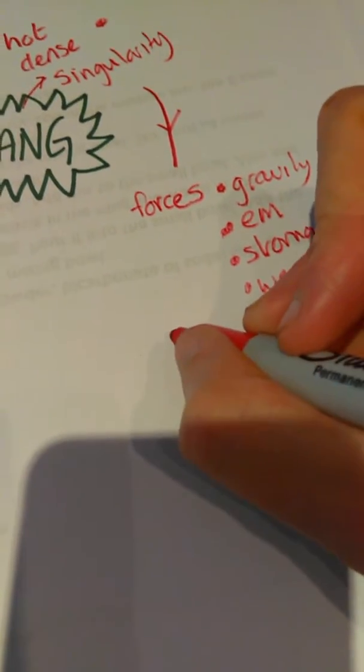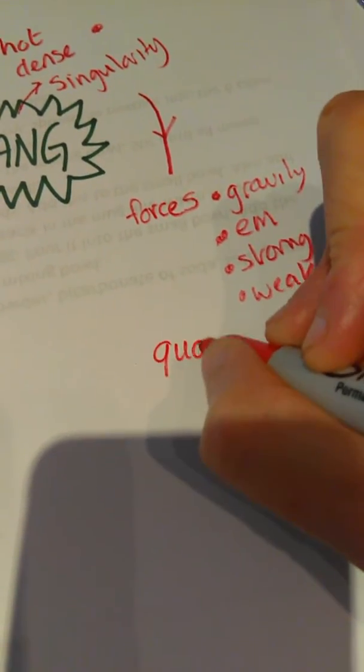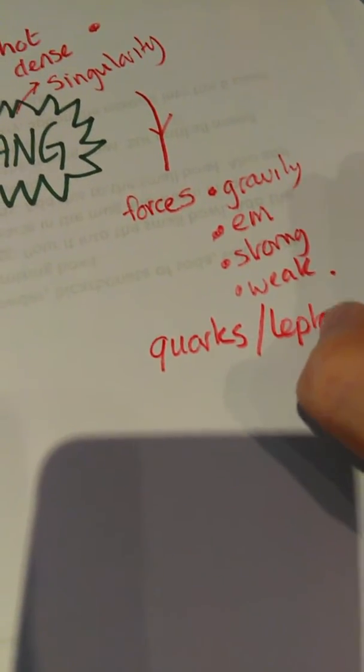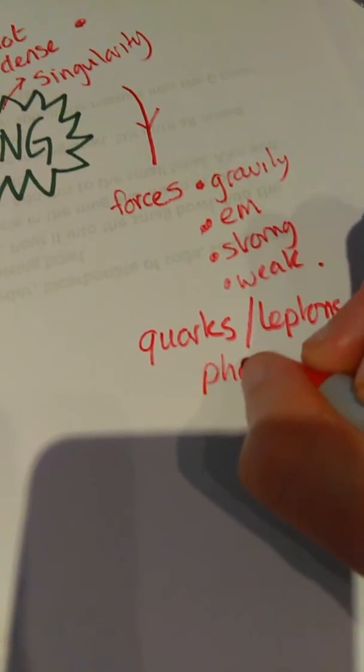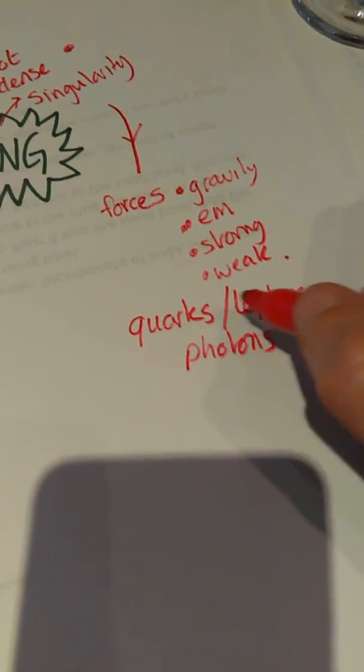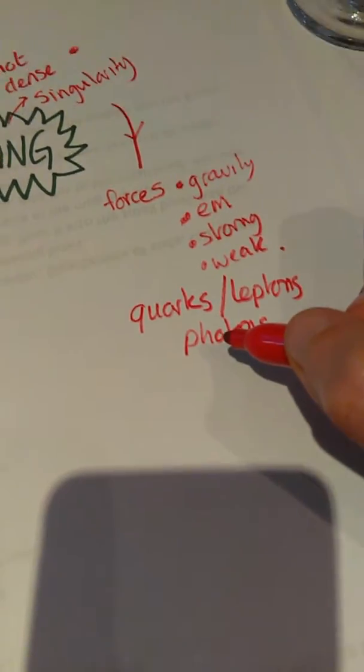Now, all the matter to start with was in quarks and antiquarks and leptons. And there were also quite a few photons kicking about. Nothing had joined together yet. Everything was in fundamental particles or packets of energy.